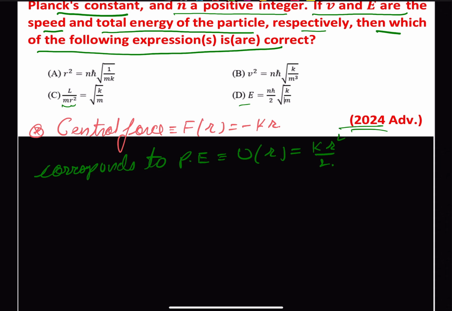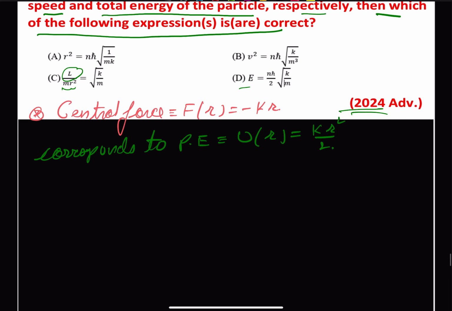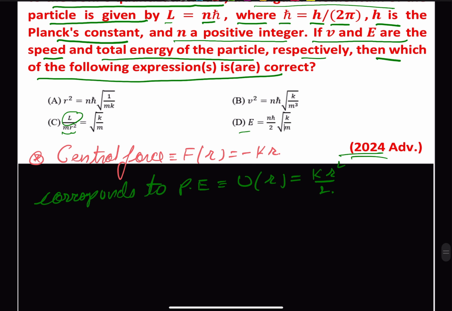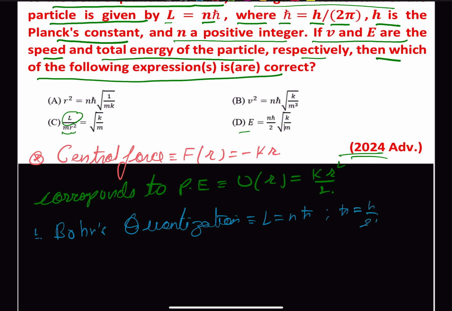We are also interested in angular momentum, L, so from the Bohr quantization rule, our value of L is equal to nħ, where ħ is h upon 2π.